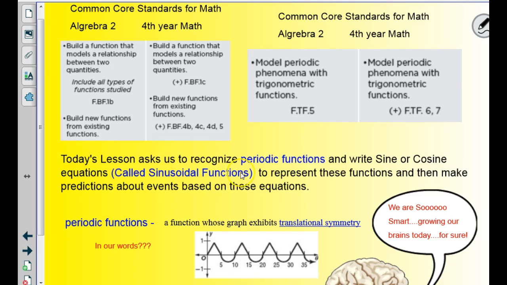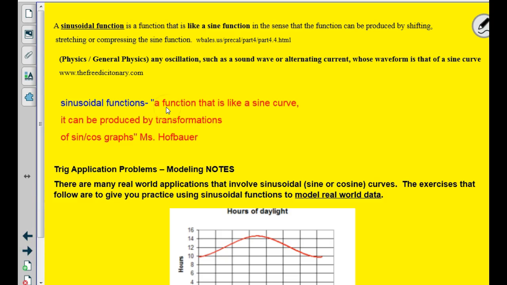When we say sinusoidal functions, I just need you to know that sinusoidal doesn't necessarily mean you have to use sine. You can use cosine, okay? We've talked about that before, but here's my definition. A function that is like a sine curve. It can be produced by transformations of sine or cosine graphs.